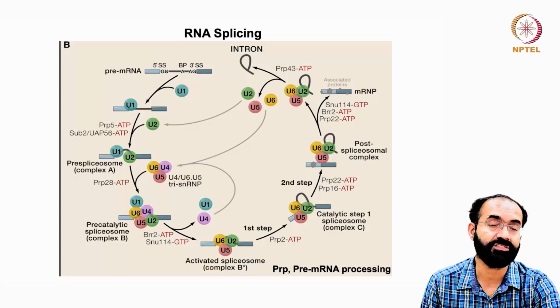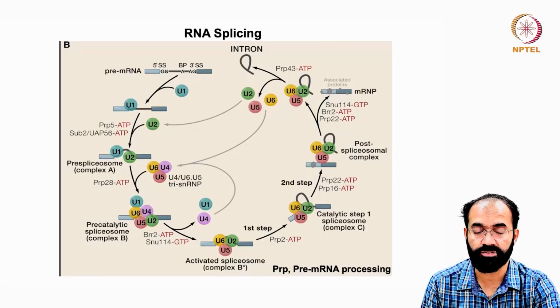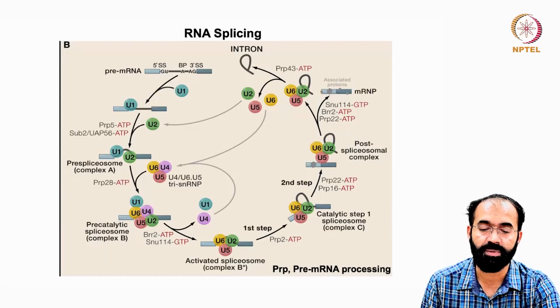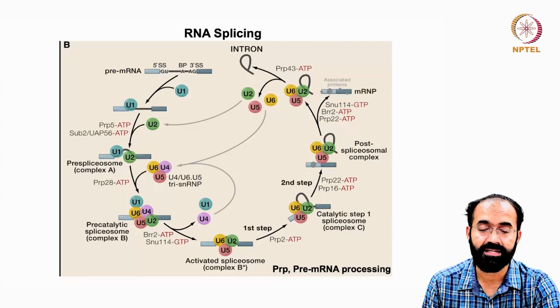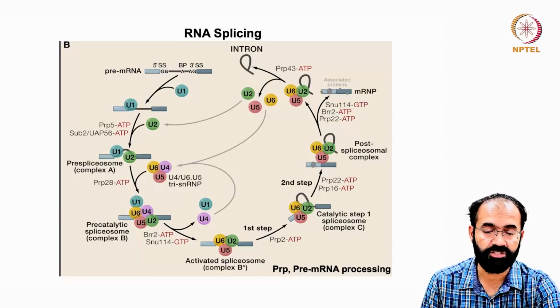Then for the second step, because the 3' OH of the first exon is free, it participates in the second reaction, provided you have PRP22 ATP, and PRP16 ATP joins this complex, and you end up getting U6, U2 and U5, which is called the post-spliceosomal complex, because the first step is done, the second step is done, and the RNA is spliced.